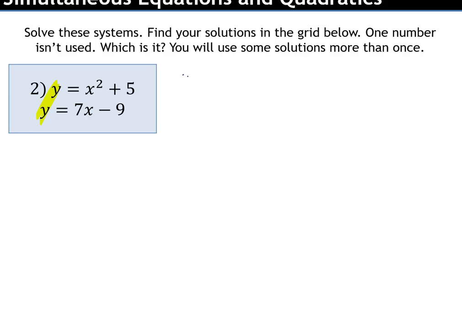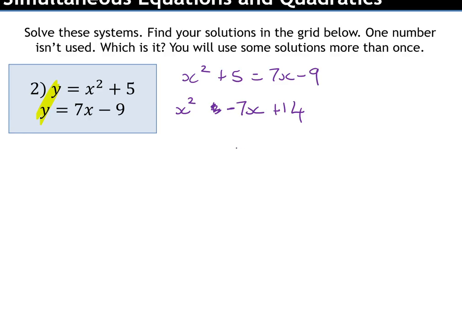So that means I've got x squared plus 5 is equal to 7x take away 9. I will get everything onto the left-hand side. So that means it will be x squared take away 7x plus 9, so 5 plus 9 equals 14.